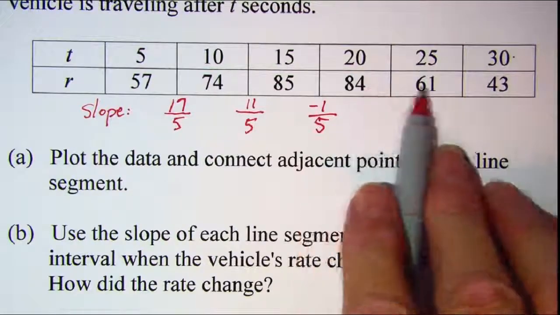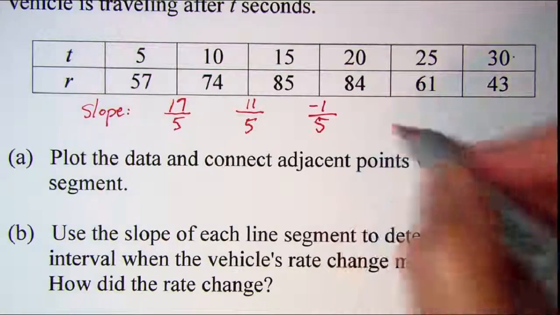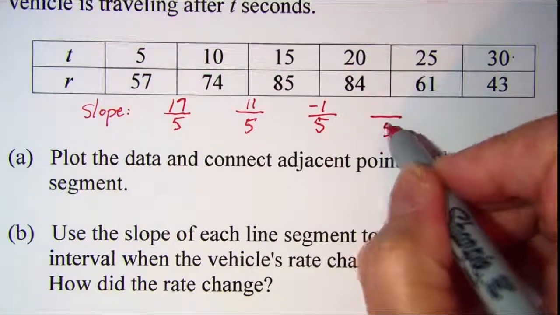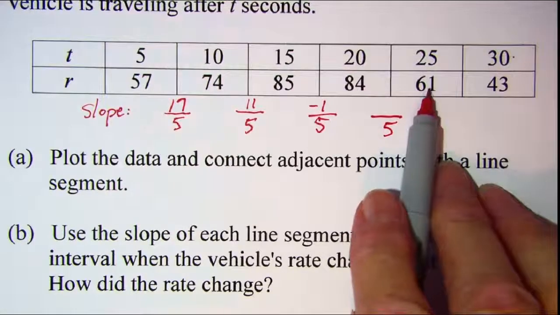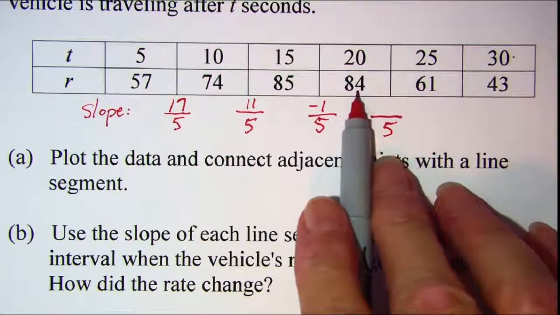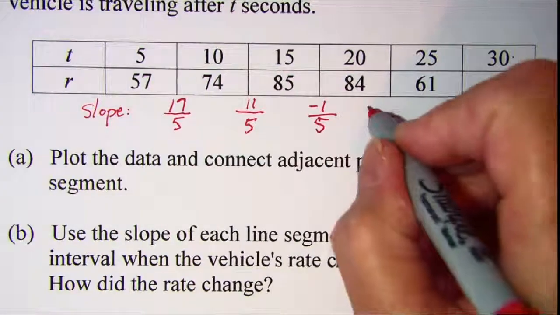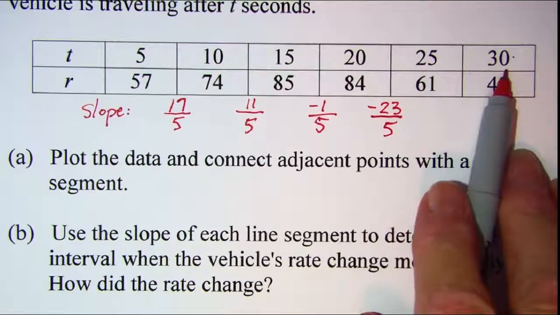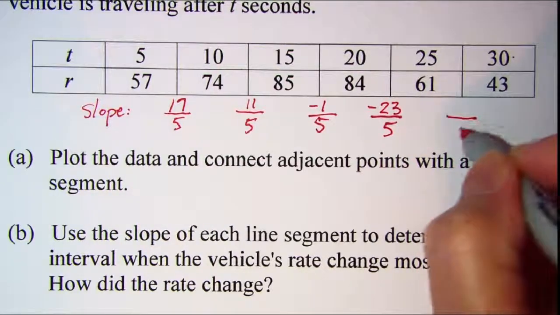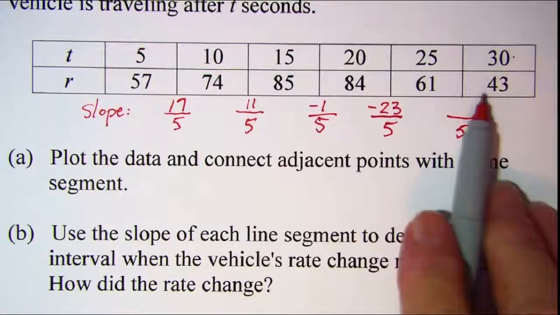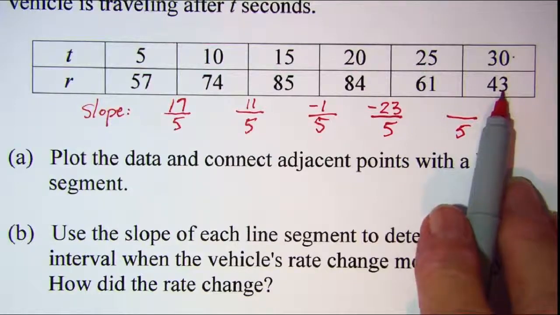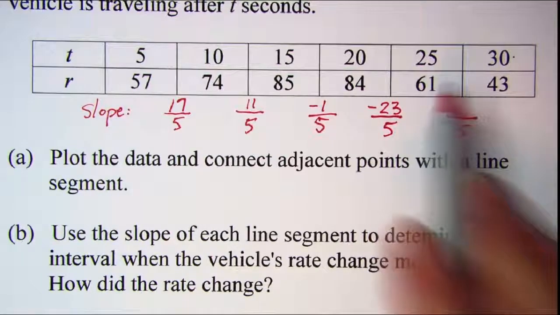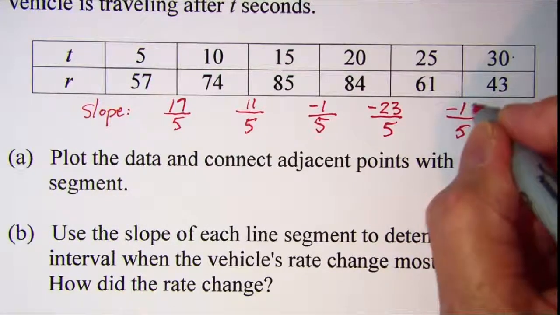And then for 20 to 25, my change in time is 5. My change in the rate is 61, subtract 84, which is -23. And then for this one, my change in the time is 5, and my rate change is 43, subtract 61, which is a -18.